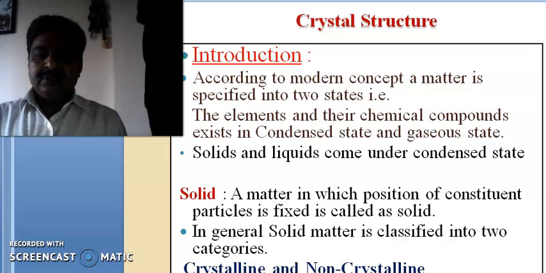They are the condensed state and the gaseous state. Generally, solids and liquids come under the condensed state, and the matter which is not solid or liquid exists in the gaseous state.